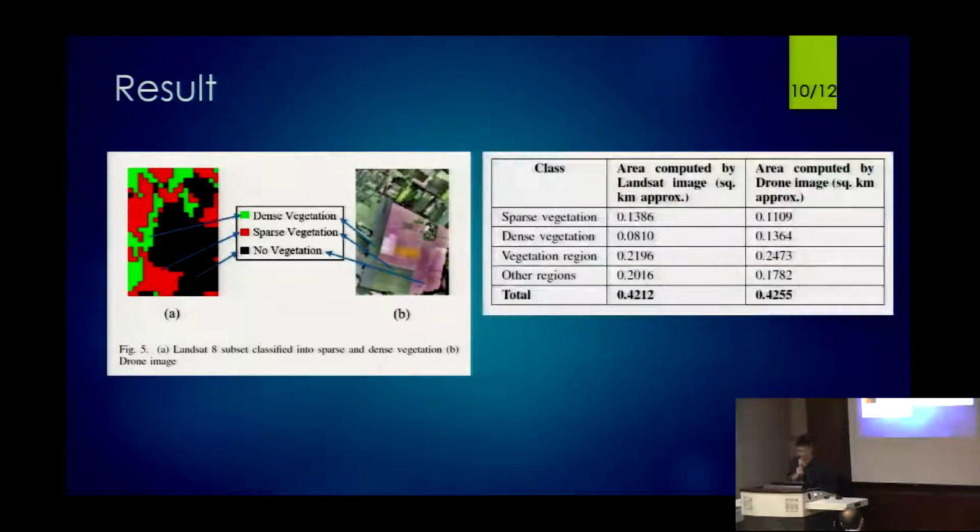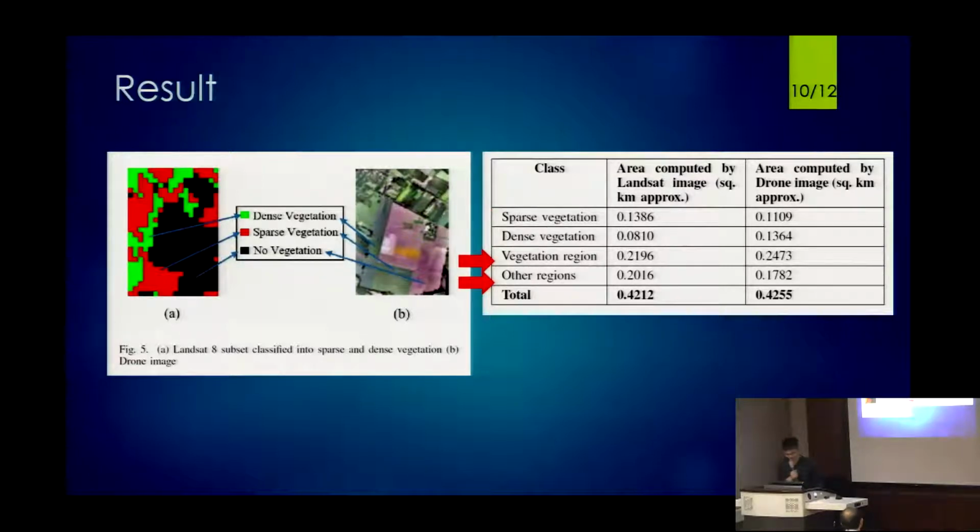So they compare to the drone image only, calculated manually, and if we see these two data, the satellite will classify most as sparse vegetation, which is bigger.